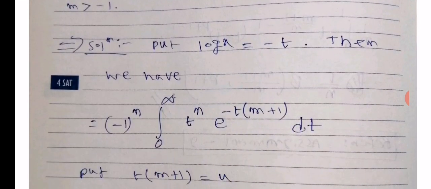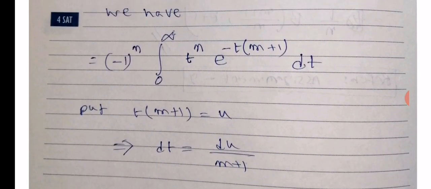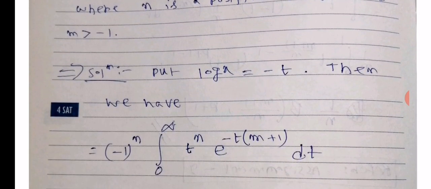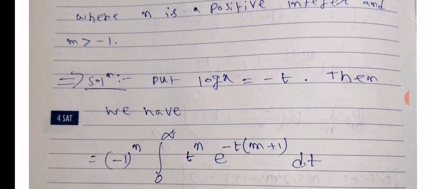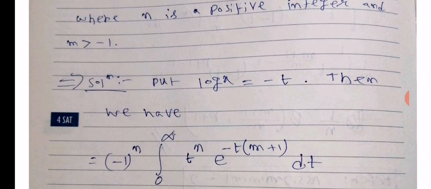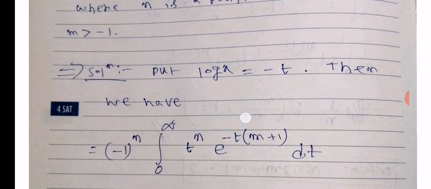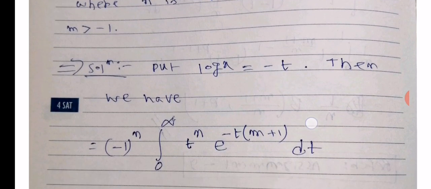So we will have this integral converted to, after this substitution, (minus 1) to the power n integration 0 to infinity, because when you put x value 0 and 1, then you will get t value infinity and 0. And one minus will come after finding the value of dx.